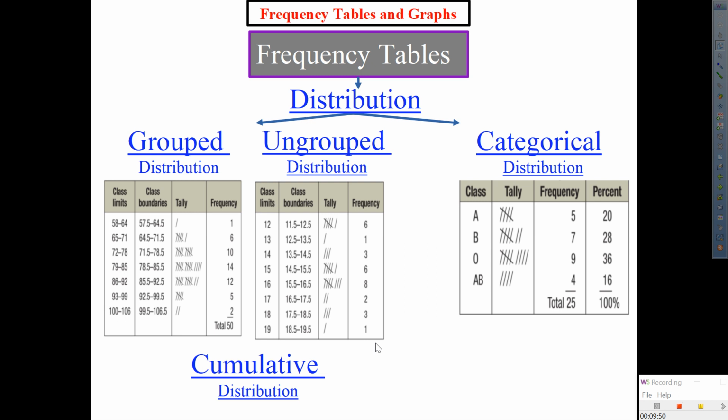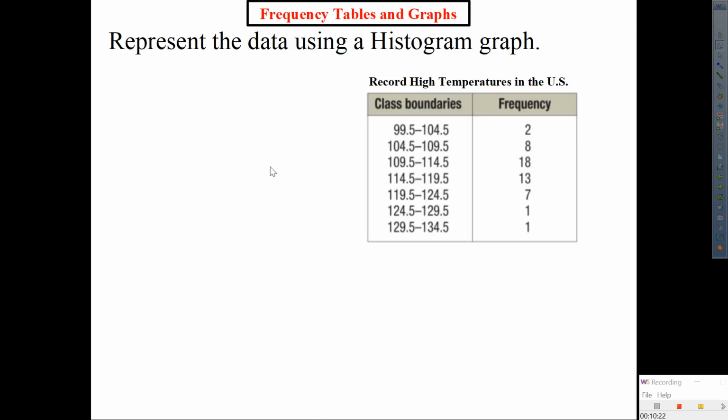We good? All right. So today I'm going to focus more on the grouped distribution, because I want us to get through some examples before we leave today. Last week, did we cover these? Histogram, frequency polygon, and ogives. But what didn't change in order to get started?